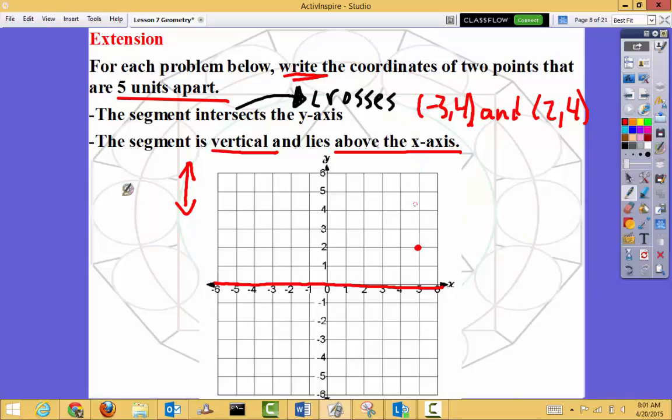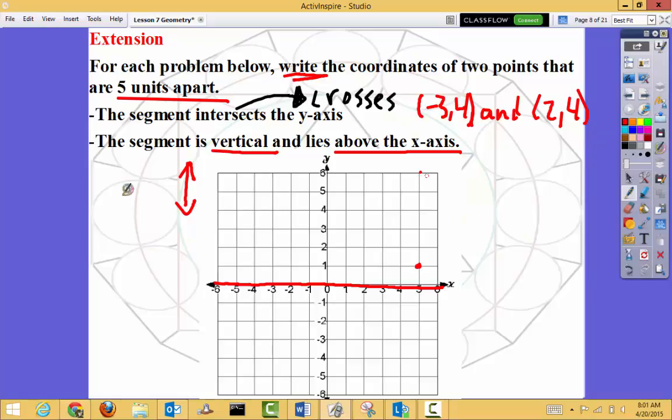Well, I can't go off my grid. And if I go down 1, 2, I've passed that x-axis. So I can't use that dot. So let's pick another one. Let's get as close as we can to the x-axis without actually touching it. How about right here? Can we go up 5? 1, 2, 3, 4, 5. Yeah, I can.